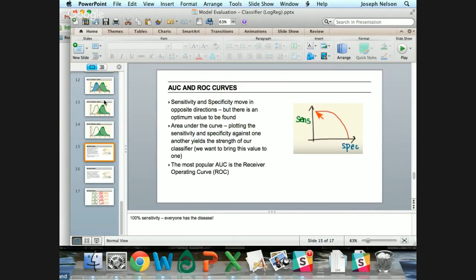So sensitivity and specificity, we just plot them. One of them goes up, the other goes down, like that. If we did 1 minus specificity, what's the shape of this?